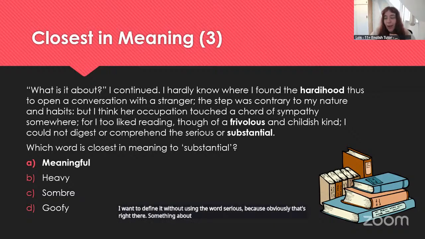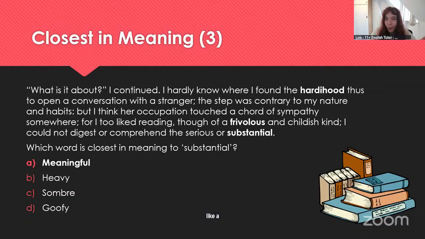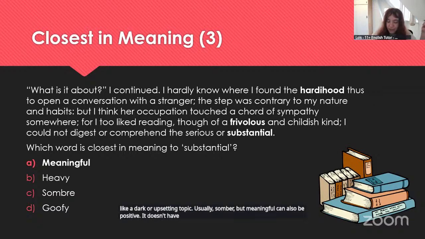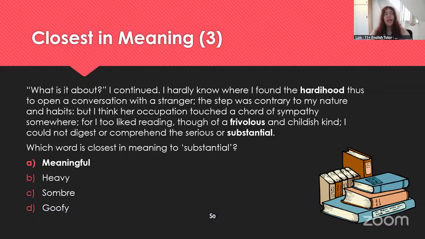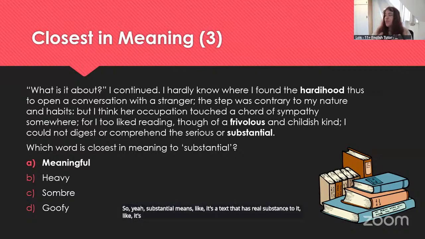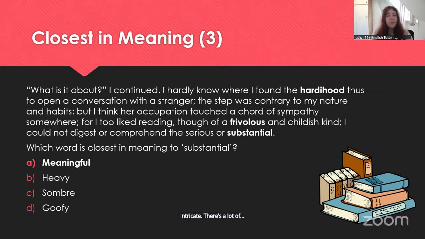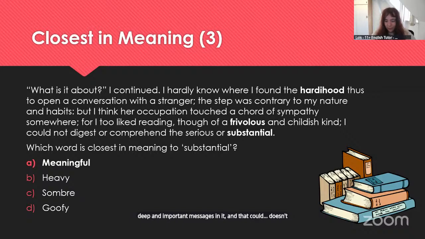Something about a dark or upsetting topic, usually somber. But meaningful can also be positive. It doesn't have to be sad. So yeah, substantial means it's a text that has real substance to it, like it's really complex, it's really intricate. There are a lot of deep and important messages in it, and it doesn't have to necessarily be somber.